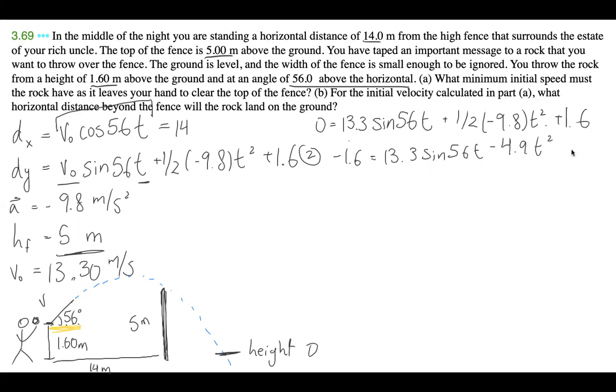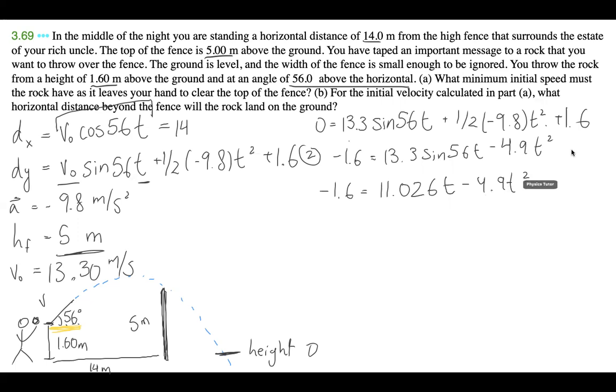Okay. And because I didn't go through the last calculation in much detail with you, I'm going to go through this calculation in much more detail. So we have 13.3 sine 56, and we get minus 1.6 is equal to 11.026 t minus 4.9 t squared.